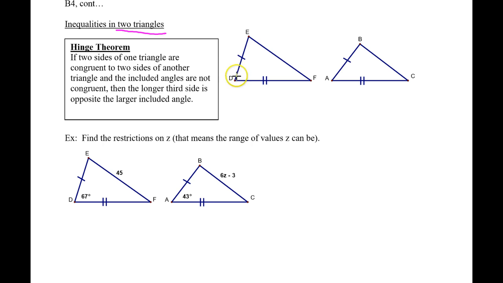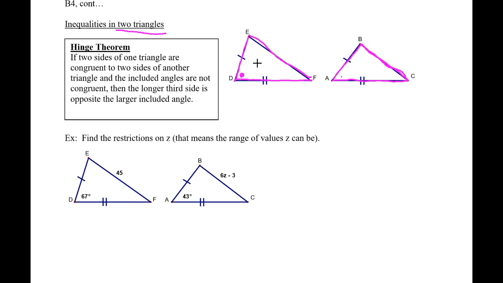So they're saying if you know for sure you have two sides congruent to two sides of another triangle, and you know that these two included angles are not congruent, then the longer third side is opposite the larger included angle, meaning this one is clearly the larger angle. So EF would have to be larger than BC because it's opposite the larger angle.